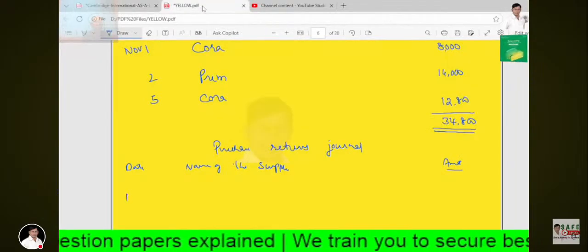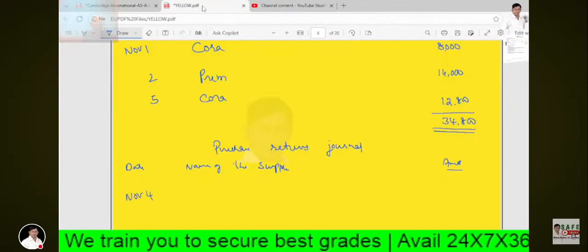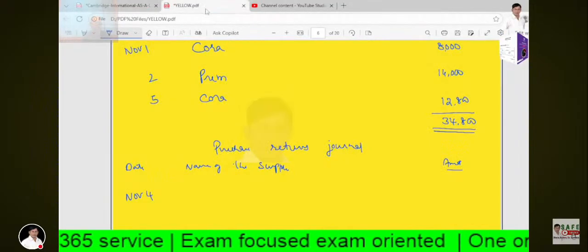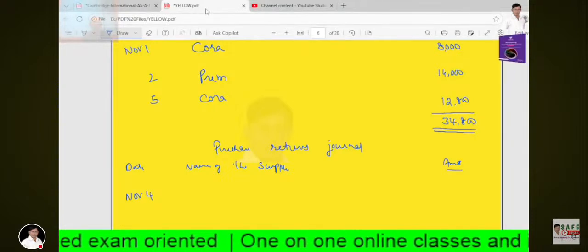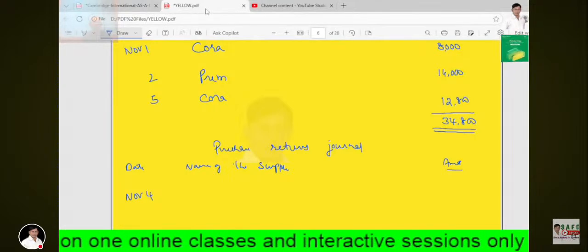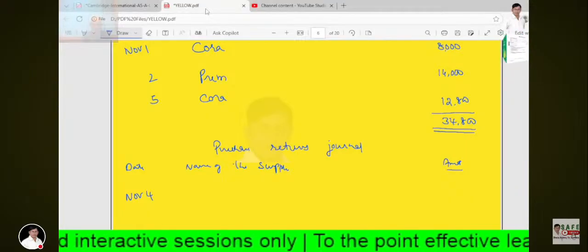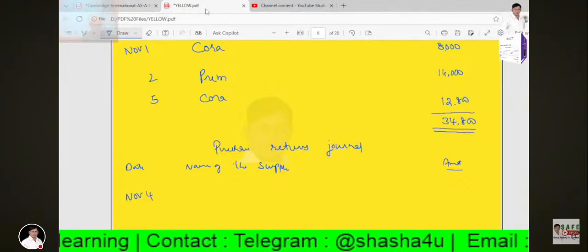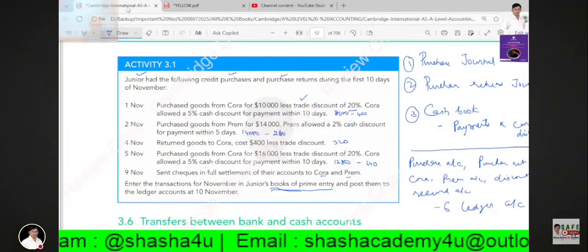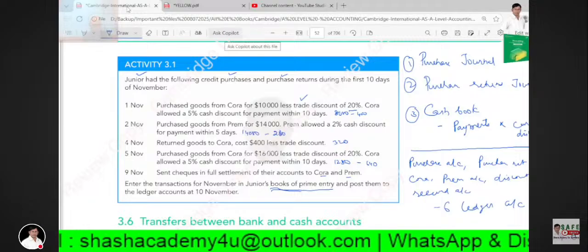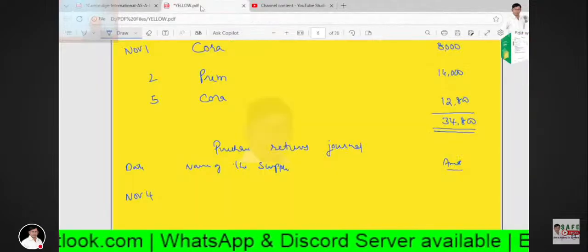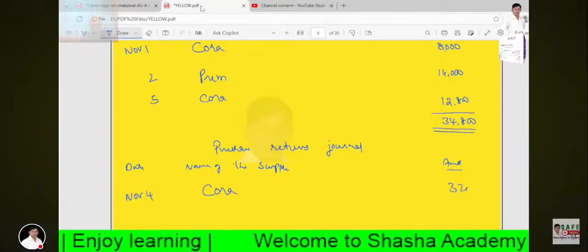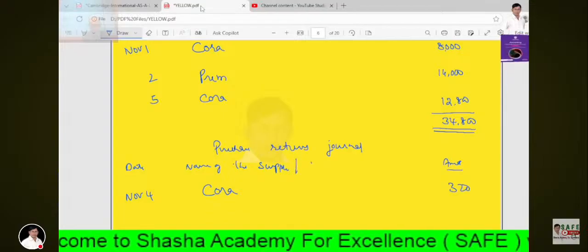So November 4. So what is the amount? 320. So from to whom we have returned? Cora. Cora 320. And we have received credit note.